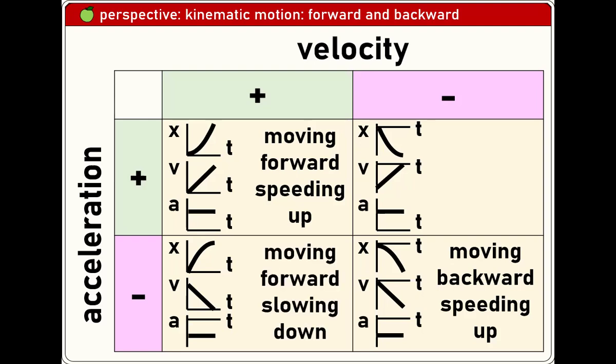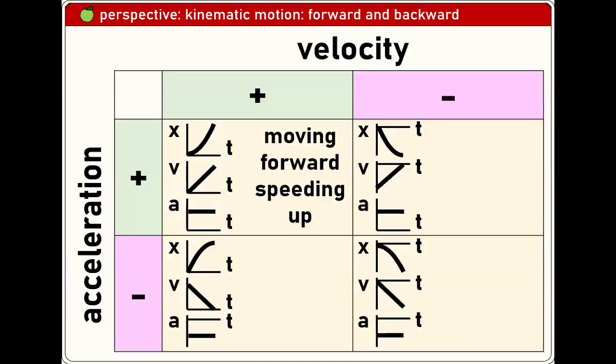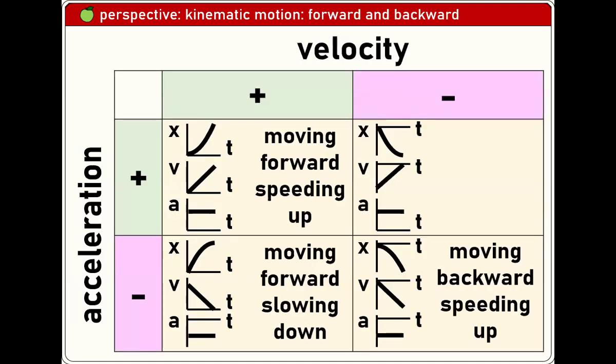Bing, right there. Hey, that's that one right there. You guys just did that one. That's what we just did on the last slide. Moving forward, slow into a stop.